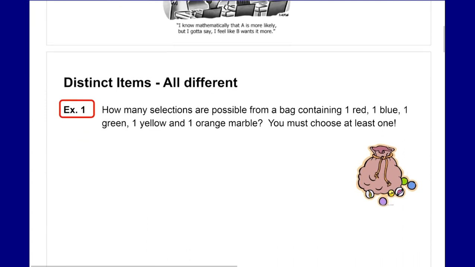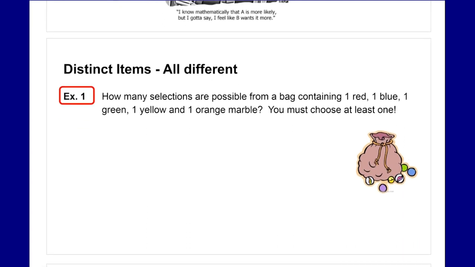First thing we're going to look at is distinct items, where each item is different. How many selections are possible from a bag containing one red, one blue, one green, one yellow, and one orange marble? And we must choose at least one. A couple things here. How many selections are possible?